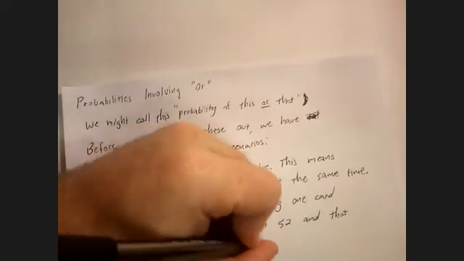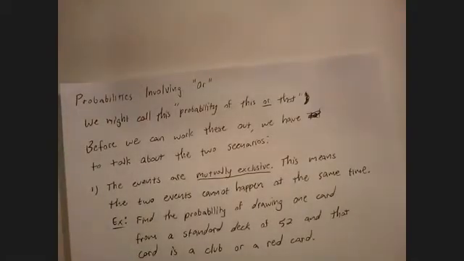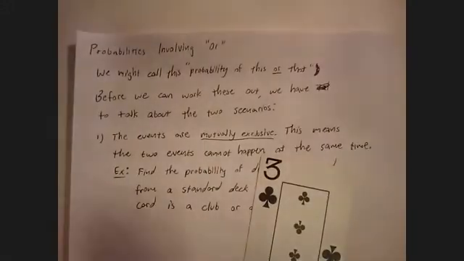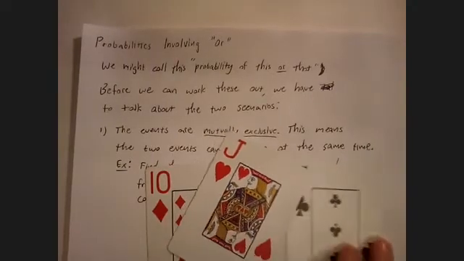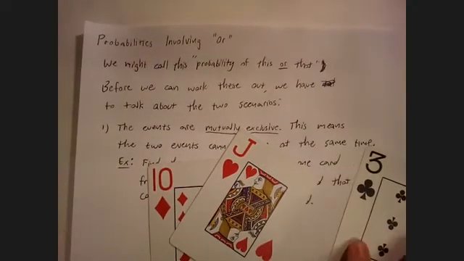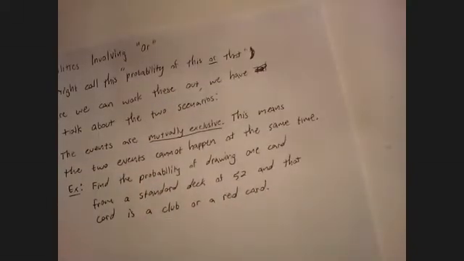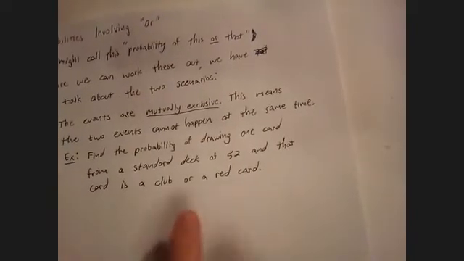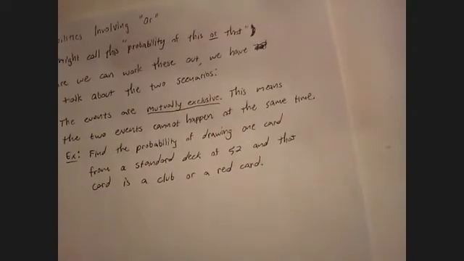Now, to remind ourselves, a club is black, and the only red cards are hearts and diamonds. Since a club is not red, it is impossible to choose a card from a deck of 52 in which the card is both red and a club. Since that can't happen, we call that mutually exclusive.